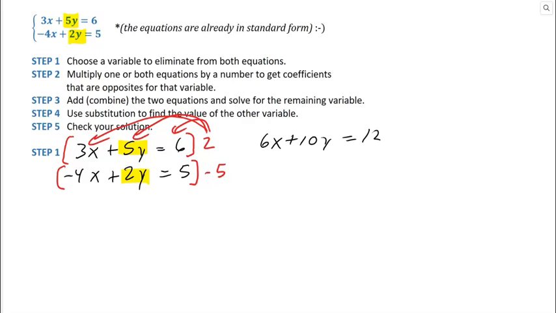Okay? And I also have to multiply negative 5 times these. So negative 5 times negative 4, that's positive 20x. Negative 5 times 2y, that's negative 10y. And negative 5 times positive 5 is 25.